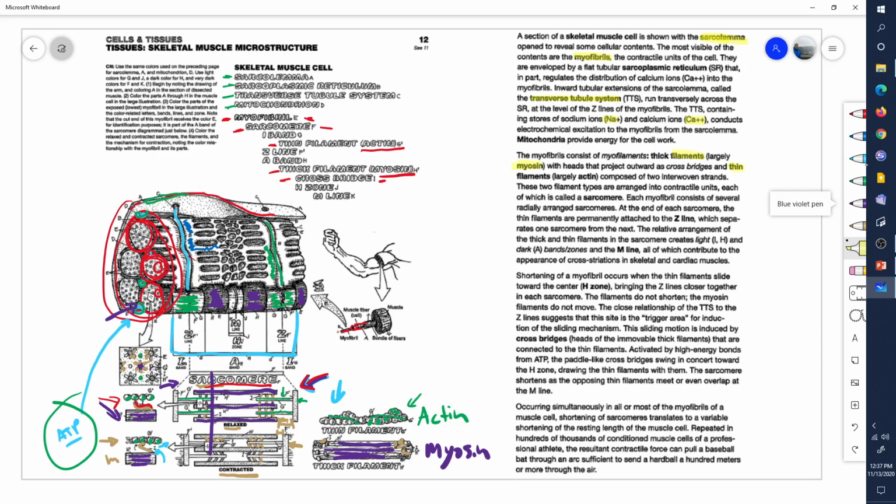And the thin is called actin. The sarcomere is that unit of actin and myosin that contracts. Sliding motion of the cross bridges.